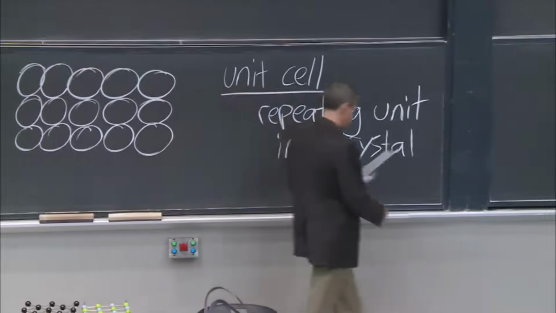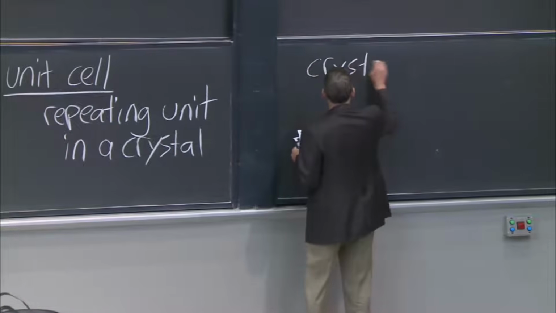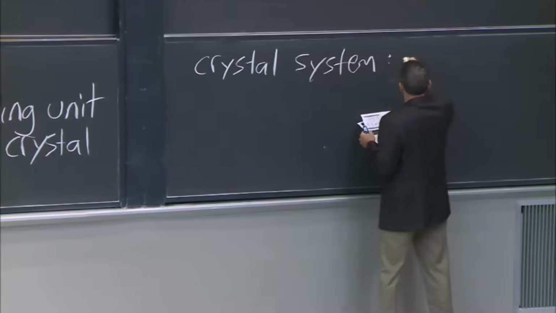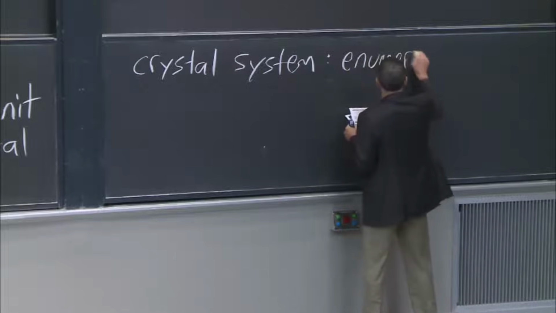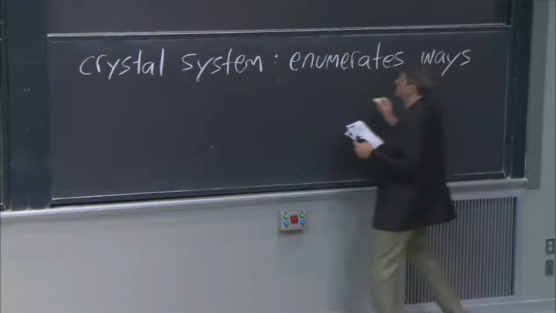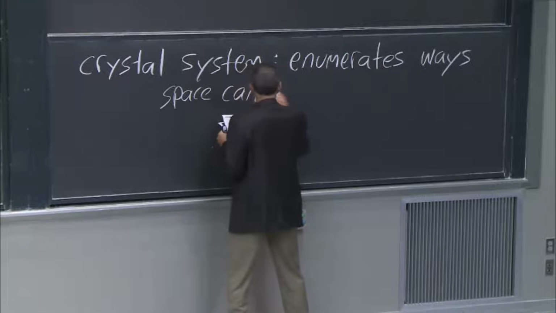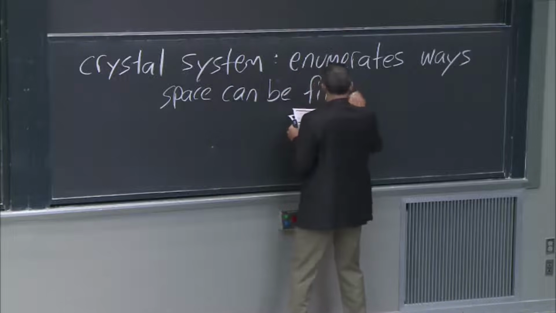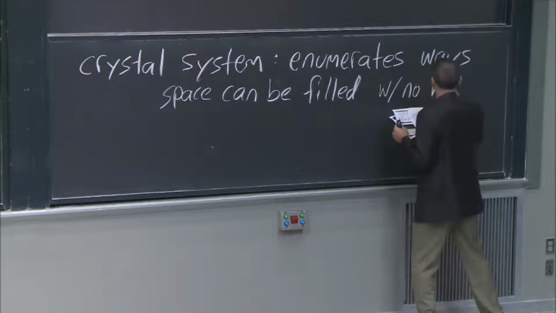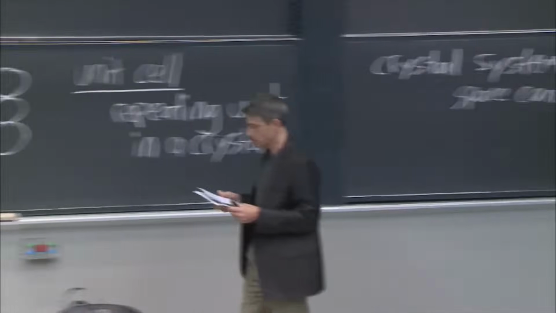A crystal system is a way of enumerating ways that space can be filled with no voids. That's a crystal system.